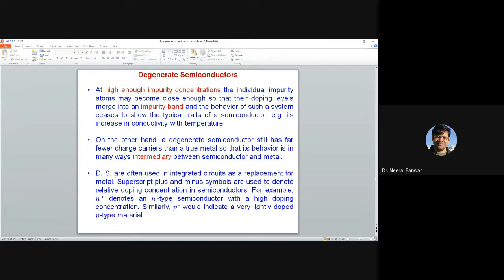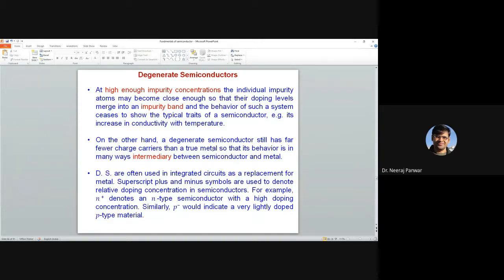Can anybody tell me what is the electron concentration in case of metals? 10 to the power 23 per centimeter cube. Yes, 10 to the power 23 per centimeter cube.